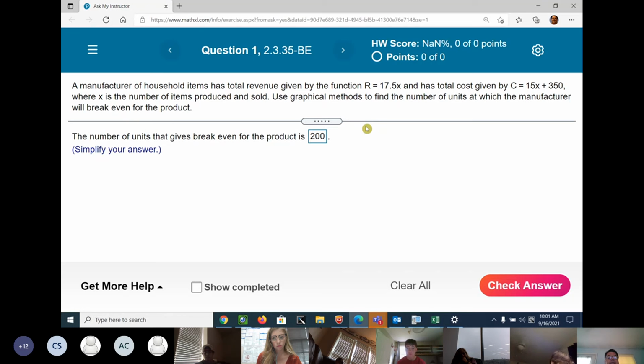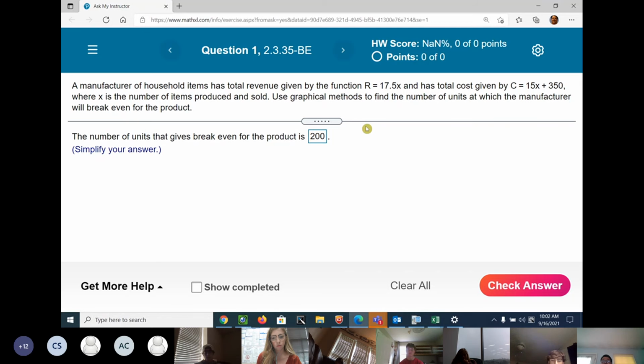Use graphical methods to find the number of units at which the manufacturer will break even for the product. Break even, that's where they cross, where they intersect. So cost and revenue, that means break even. So you would basically find out where they intersect.